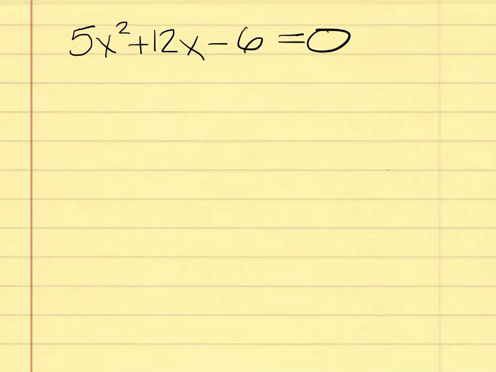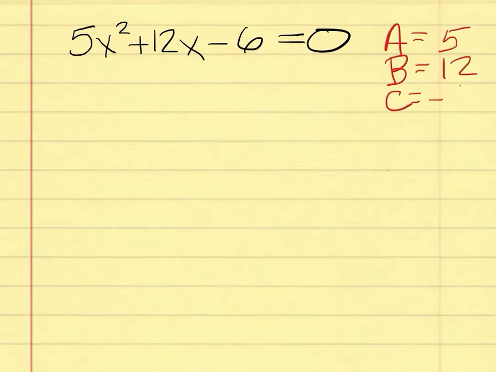I need to find A, B, and C before I can start the problem. So, Bruton, what is A, B, and C? All of them. A's 5, B's 12, C's negative 6. That's right, 5, 12, and negative 6. Can somebody tell me what the quadratic formula is, Kaiser?